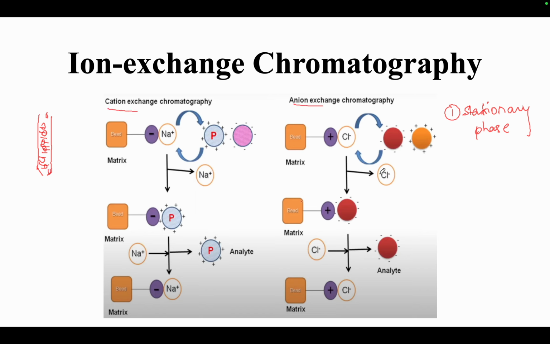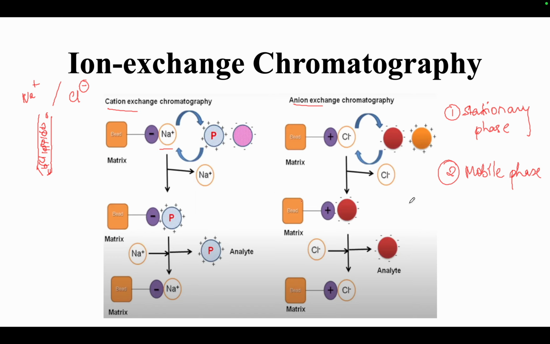After packing the stationary phase, the next step is to prepare the mobile phase. What is this mobile phase? We'll add this buffer. Either it could be Na+ buffer or it could be Cl- buffer, depending upon the type of chromatography.